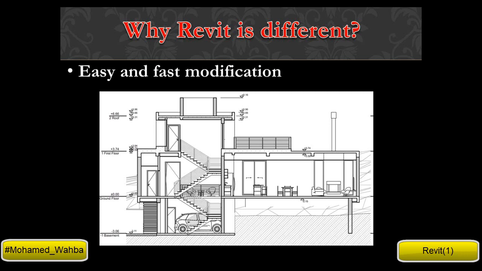So when we use Revit, we only have to change it in one view, and Revit will apply this modification in all the views you've made. So we can change it easily here in Revit.